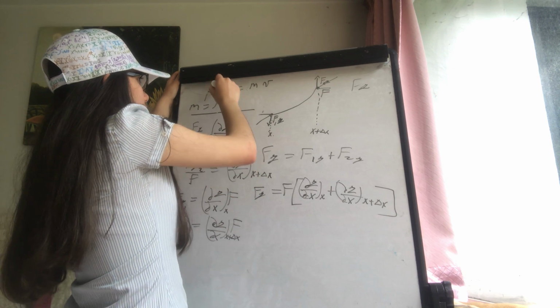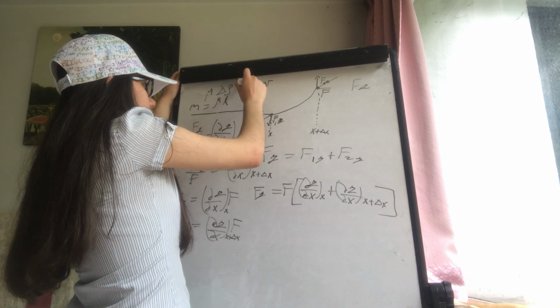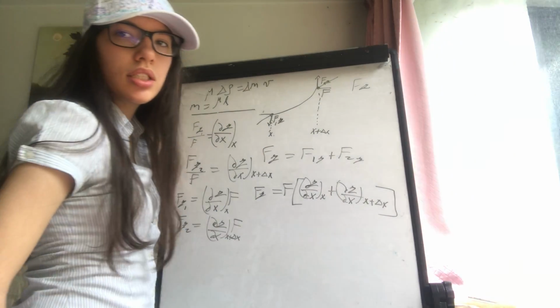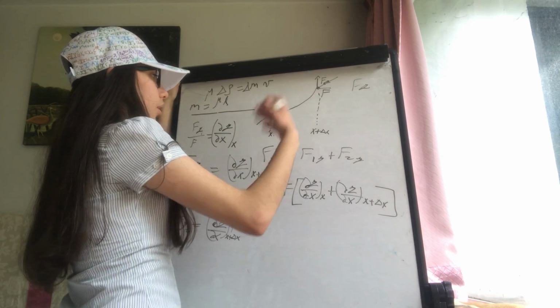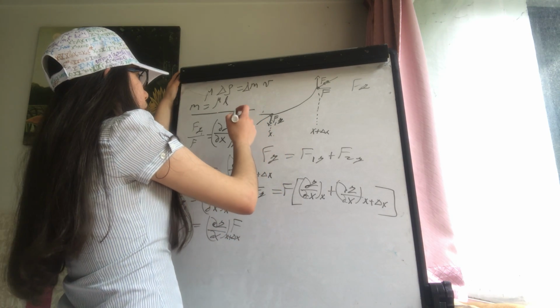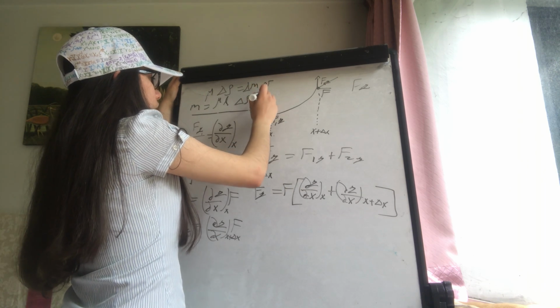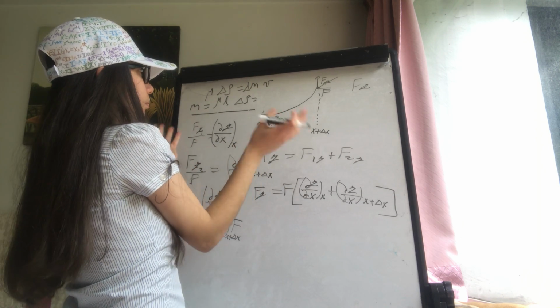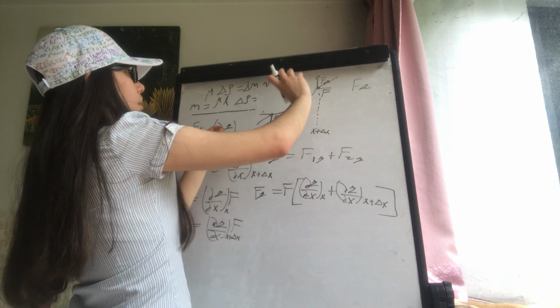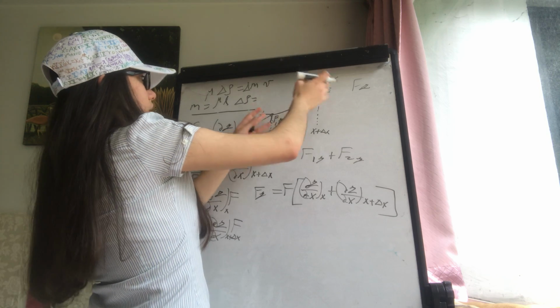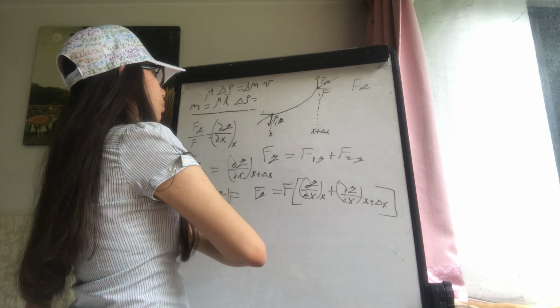So remember that the change in momentum is the change in mass times velocity, but in this case the thing that is changing is the mass, not the velocity. So we have the change in momentum is the change in the mass here from here to here times the velocity.